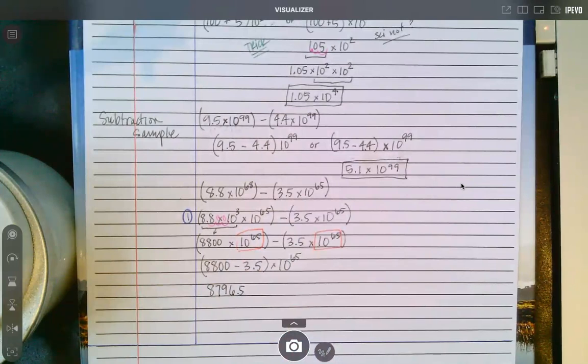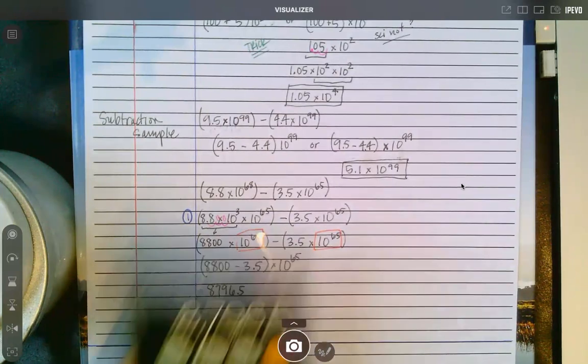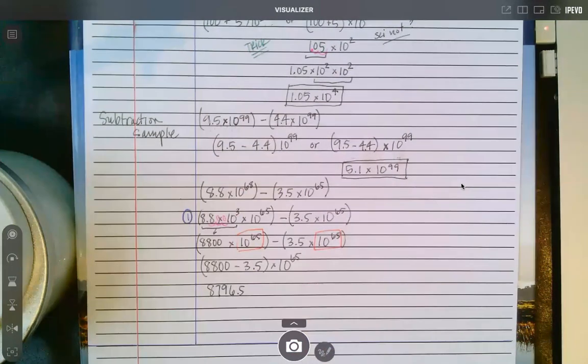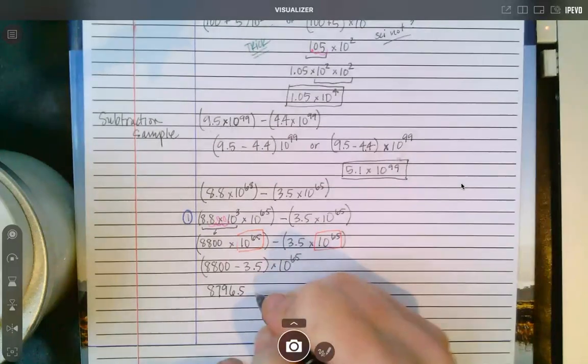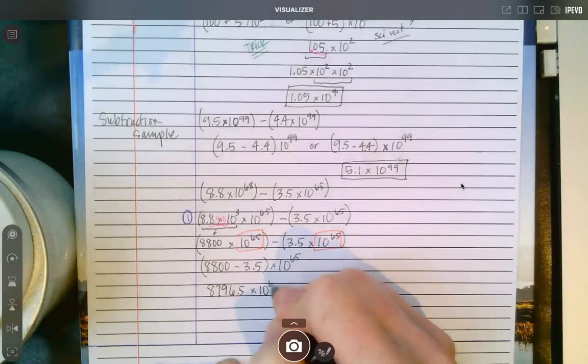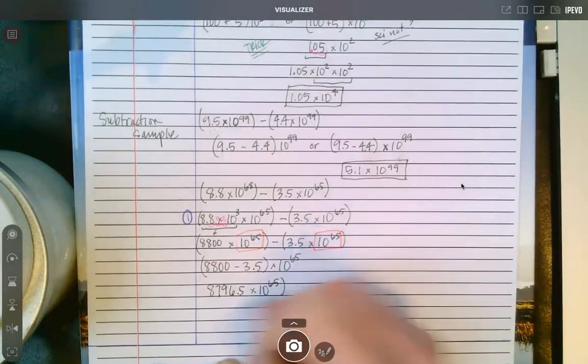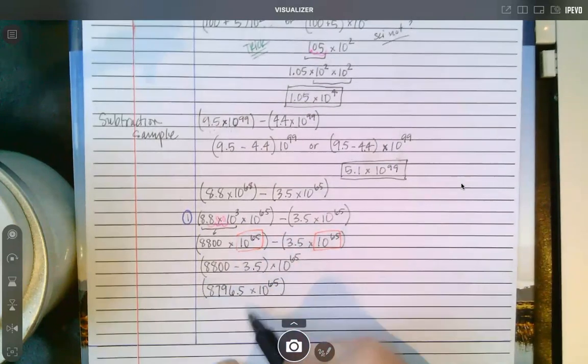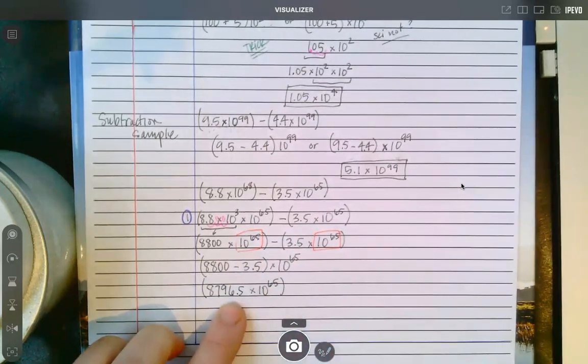I'm going to do a quick check on that, make sure my math is correct. My COVID brain is not super awesome lately. Yeah, that is correct. You can see I got my answer there. But that is not in scientific notation. That just took me here, right? And so now I need to make this adjustment.